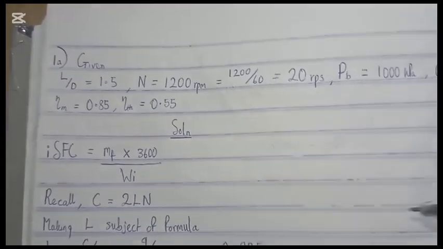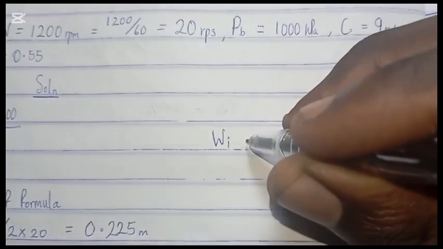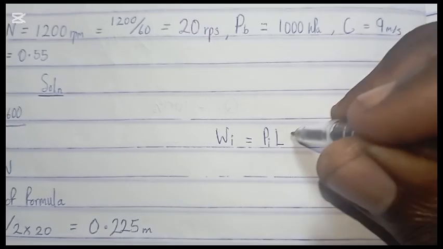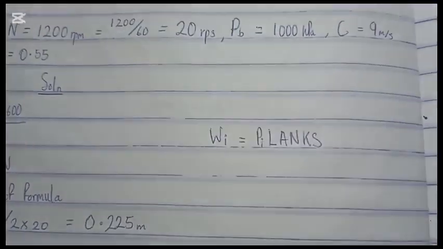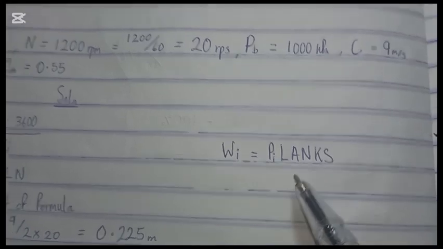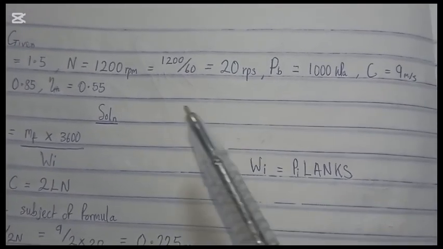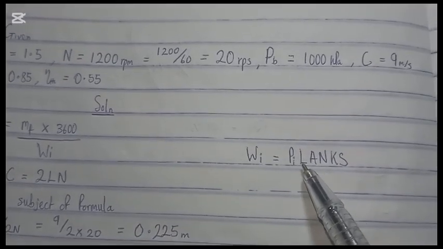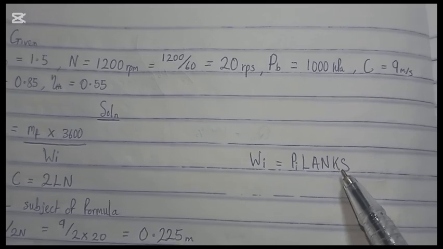We can use Wi equal to Pi times L times A times N times K times S, but we don't have our Pi. We barely have our values for L and D. N, we have, but we don't have K, nor do we have S.